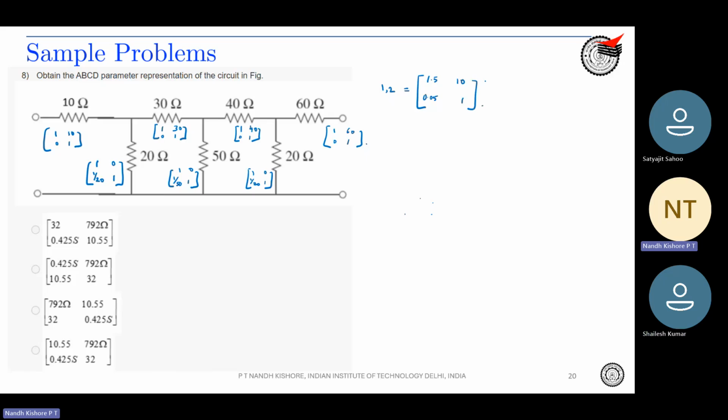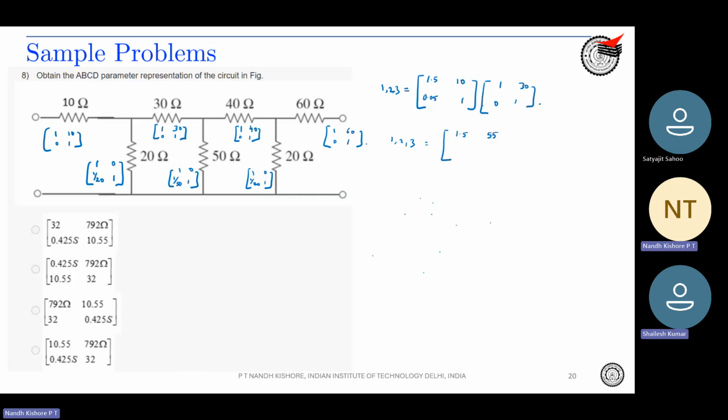So if I want to multiply this with 3, right? So 1, 30, 0, 1. So 1, 2, 3 would be how much? This would be 1.5, and then 1.5 into 30 is 45 plus 10, 55.